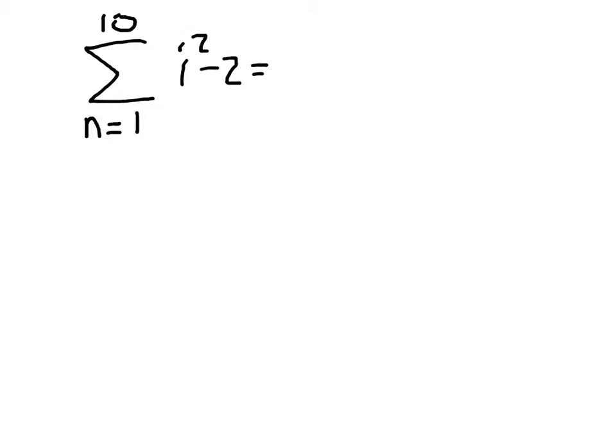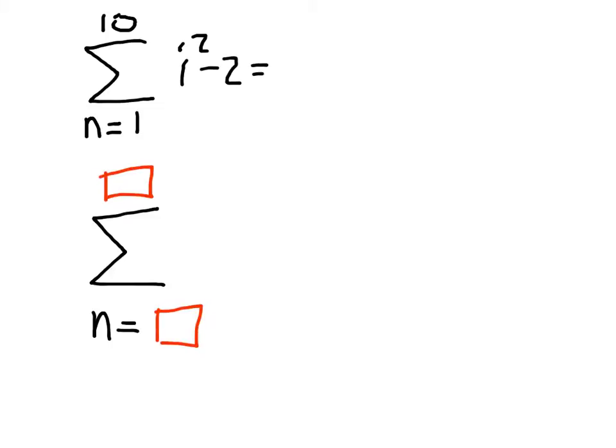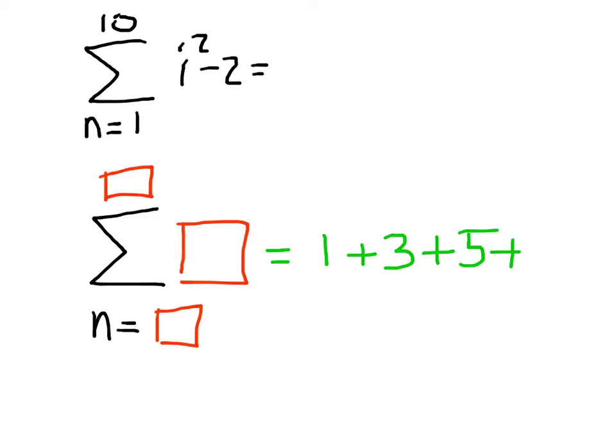And then I'd like you to try to find out what this one looks like: n equals some unknown starting value, and some unknown ending value, and some unknown term for the following. And we'll see you in class tomorrow.